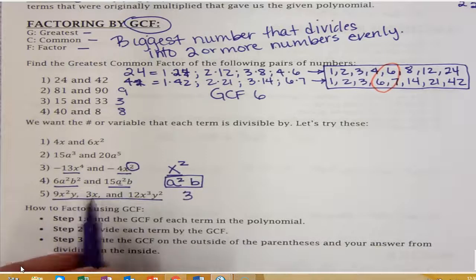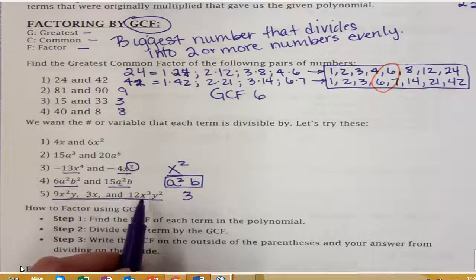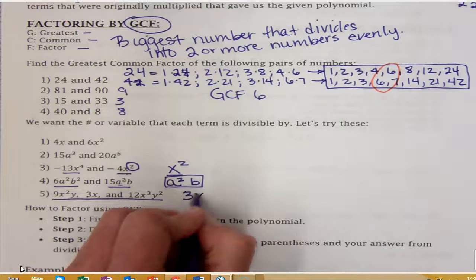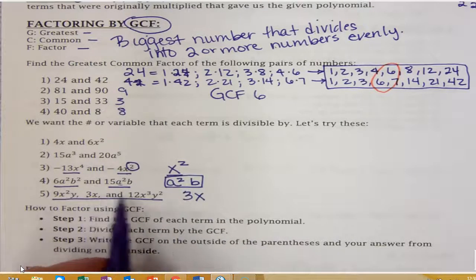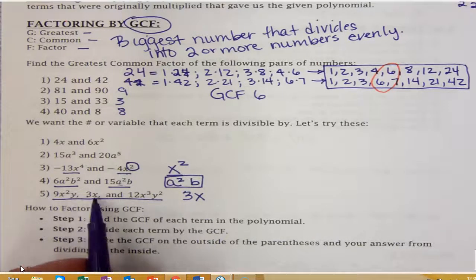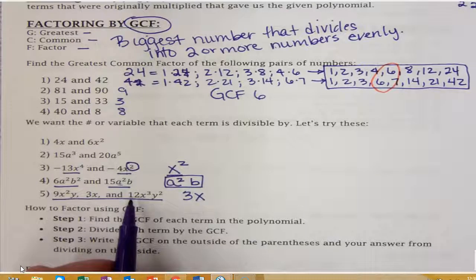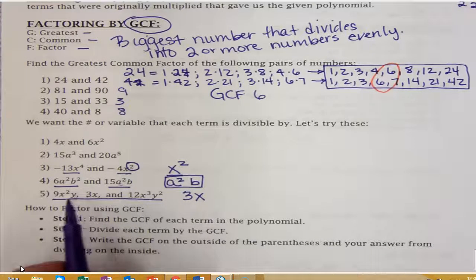This term has an x, this term has an x, this term has an x. So I know I can take out at least one x. What is the smallest exponent of x's? Well, this one has 2, this one has 1, this one has 3. So the smallest exponent would be my 1x, or x to the 1 power.